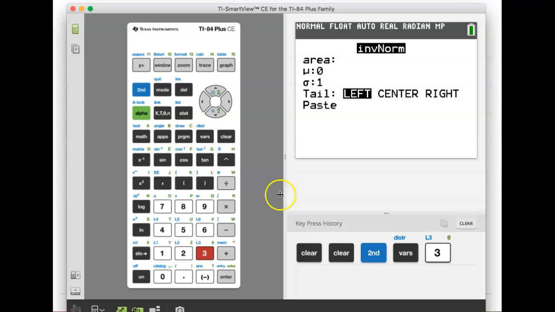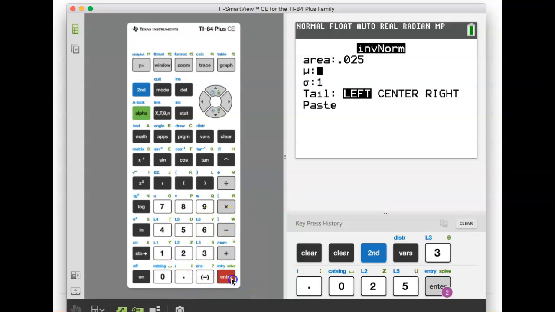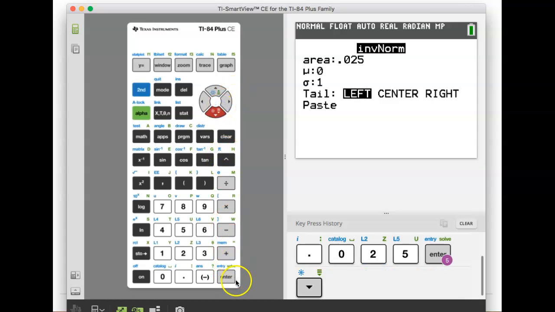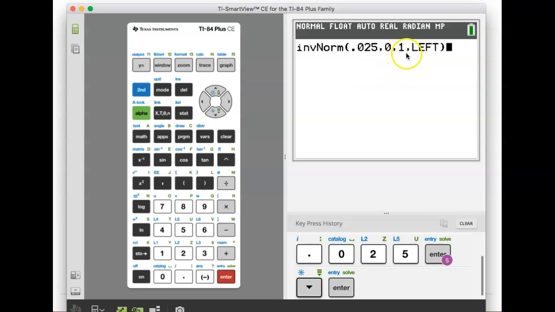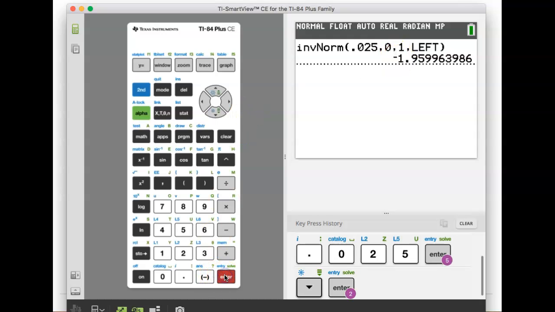So I'm going to put my area as 0.025. And again, if you have an older operating system, it won't give you this menu. You'll just input it like this without that left. It'll just be 0.025, comma 0, comma 1. And I get about 1.96, negative 1.96 in this case, right?